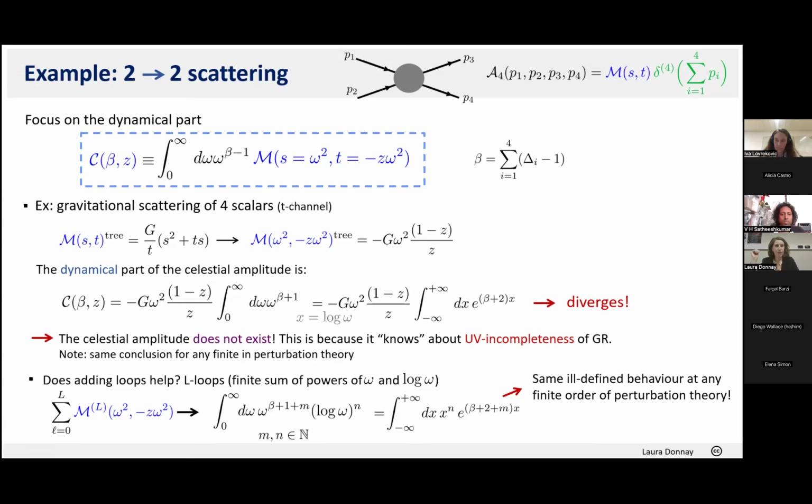So of course you might expect some wild behavior, and this is what you get indeed. But it's nice to see it explicitly, especially this computation. It particularly makes the distinction between what is the kinematics and what is left with this integral over this variable omega. But yeah, it's just coming from that.